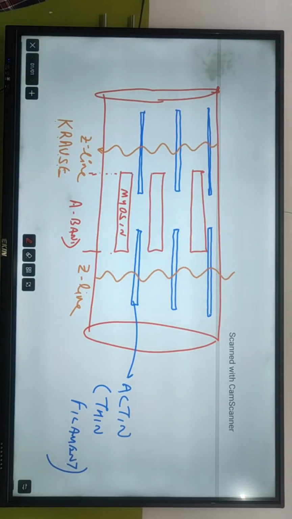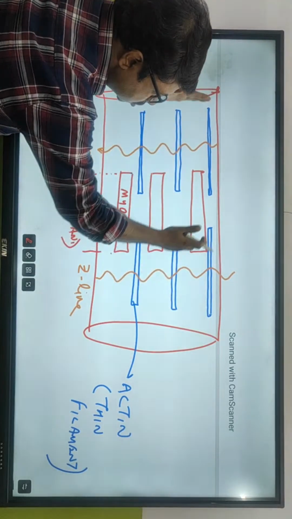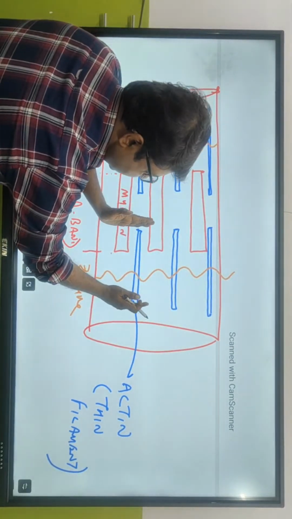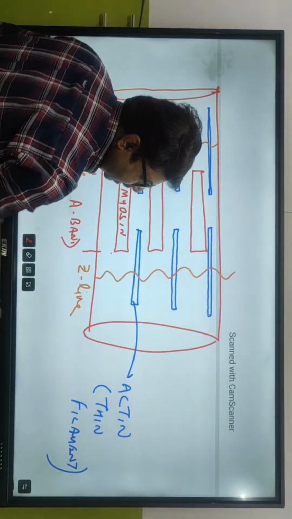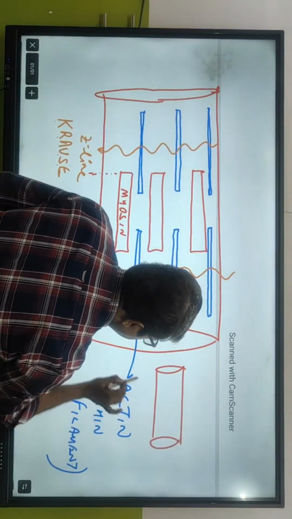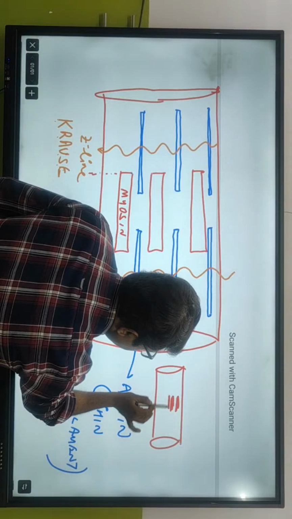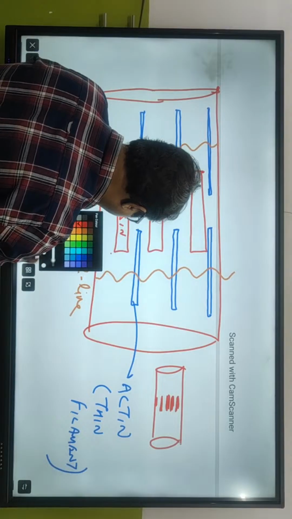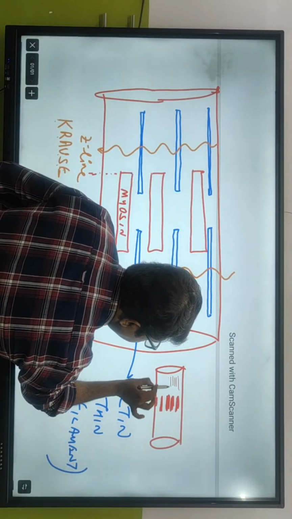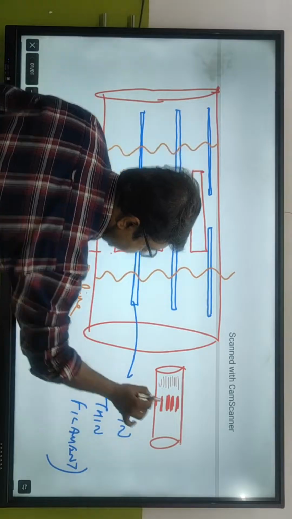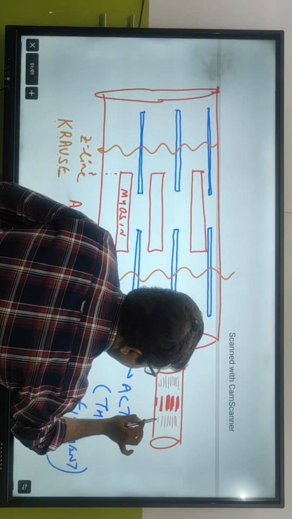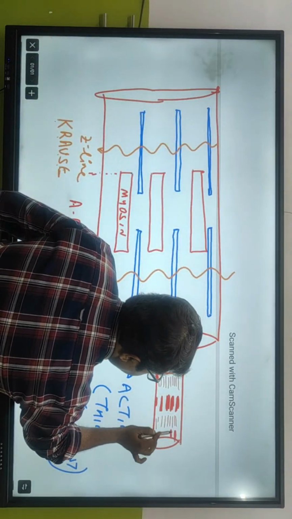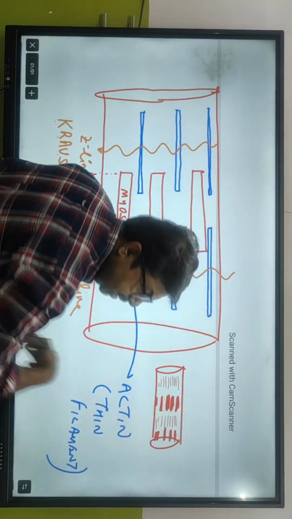Anisotropic band. इसको लार्ज स्केल में देखो तो क्या मिलेगा? यहाँ पे मिलेगा डार्क बैंड, और जहां पे ये थिन फिलामेंट है, यहाँ पे क्या मिलेगा? लाइट बैंड। तो अगर इसको छोटा करके दिखाएं तो कहीं पे डार्क, कहीं पे डार्क, कहीं पे डार्क और कहीं पे लाइट, कहीं पे लाइट, कहीं पे लाइट। अब अगेन कहीं पे लाइट, अगेन कहीं पे डार्क। गॉट द पॉइंट? समझ में आ गया? ये डार्क बैंड, लाइट बैंड, ये दोनों क्या बना रहे हैं?